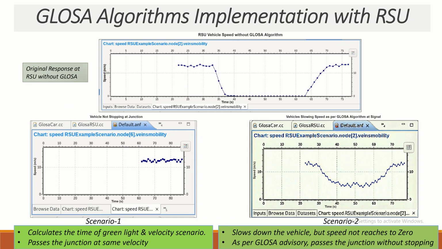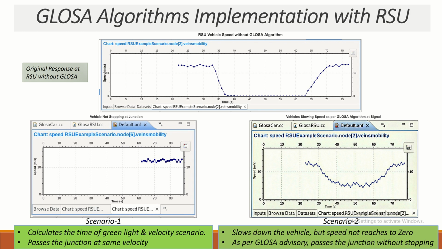And these are the results of our simulations. In the first case, here is the speed profile for a vehicle against time when GLOSA is not implemented on the RSU.